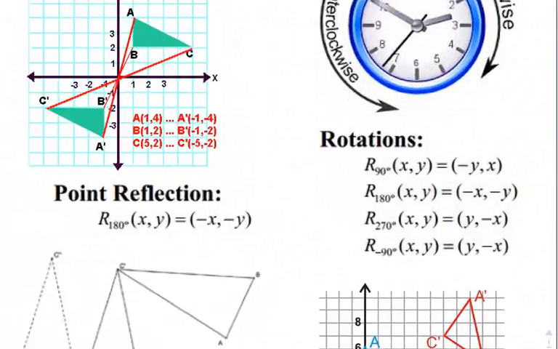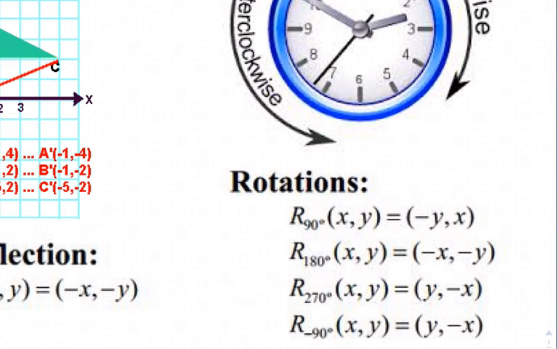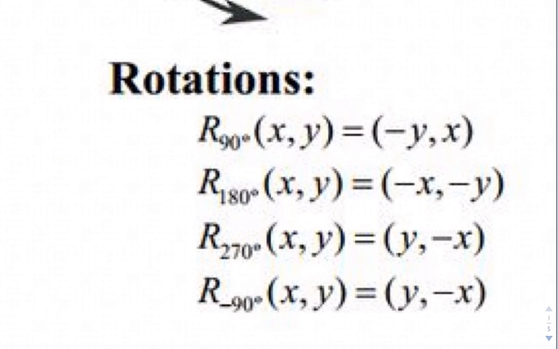A rotation, you have different rules. So remember, a rotation is when you turn it, it's 90 degrees, 180, 270, and a rotation is always counterclockwise unless it says clockwise. So just to go over your rules, a rotation of 90 degrees is negative y comma x.